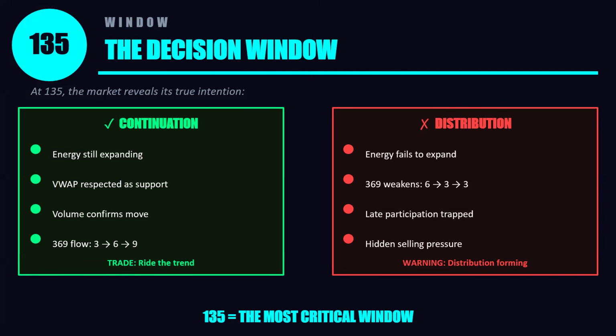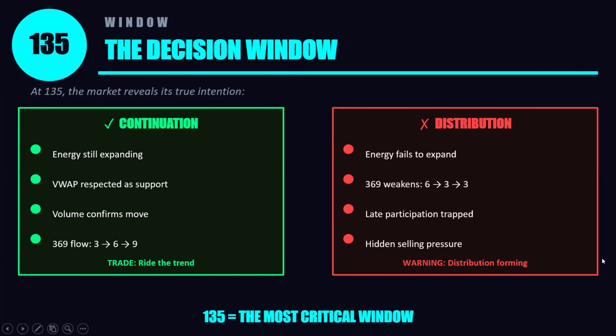At that time, the market reveals its true intention, whether it is going to continue or stop. If energy is still expanding, there is continuation. VWAPs and all those things will respect the support, and volume also confirms.